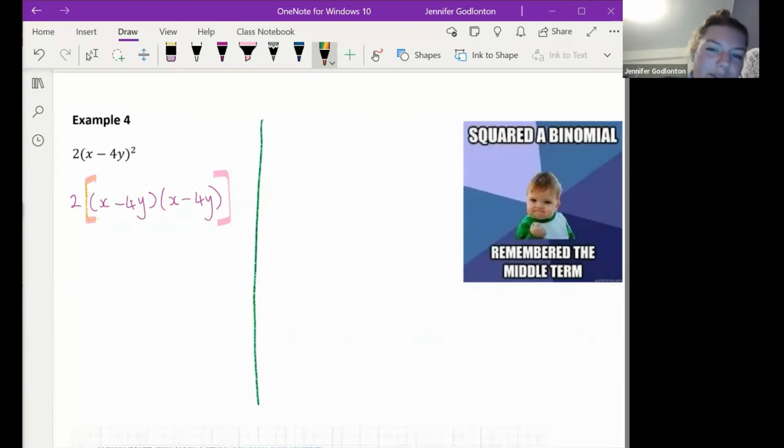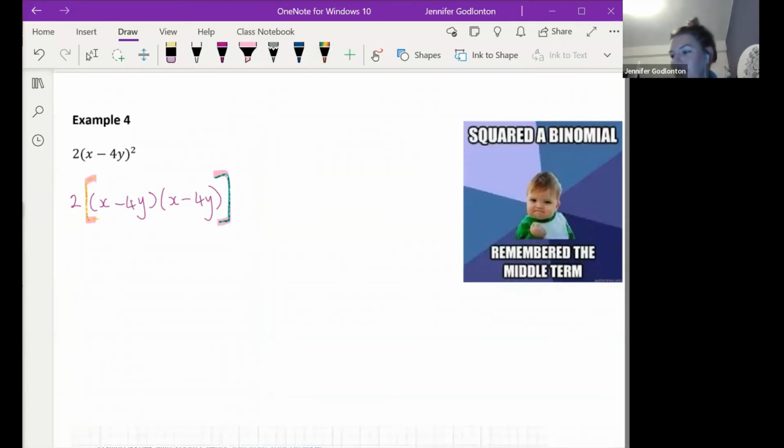So start with your FOIL here, get it so that you have 3 terms, and then take your 2 in and see how that goes. I'm actually not going to even show you the second way because this is better long term when the questions get harder.